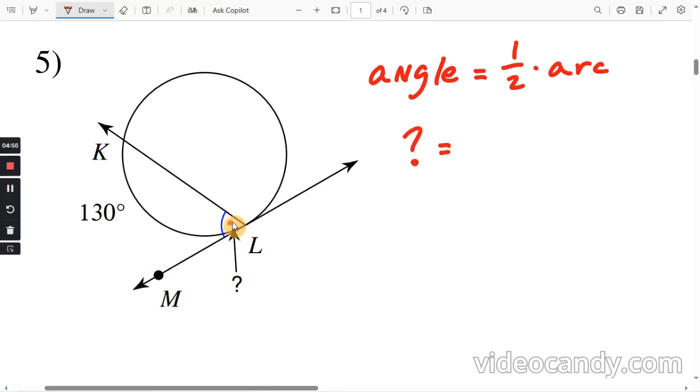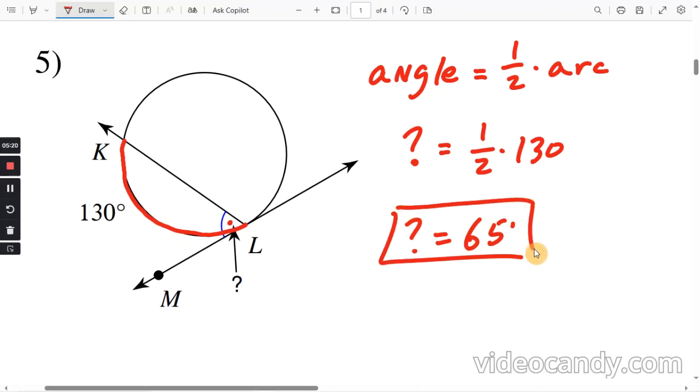We can see this angle intercepts this arc right here. So the angle is 1/2 times the arc. This arc is 130, and of course, half of 130 is just 65, and that is in degrees. Simple.